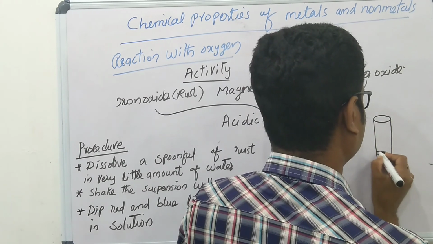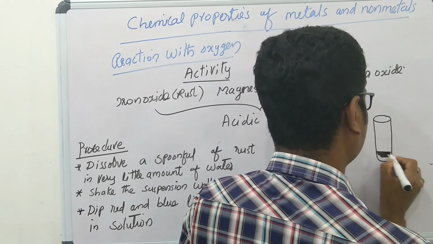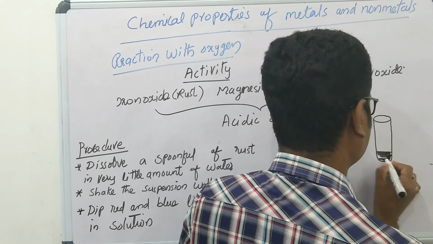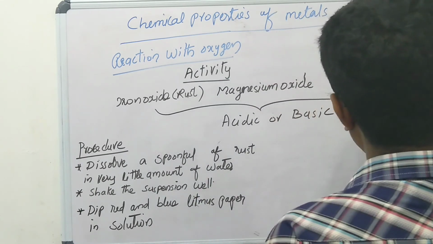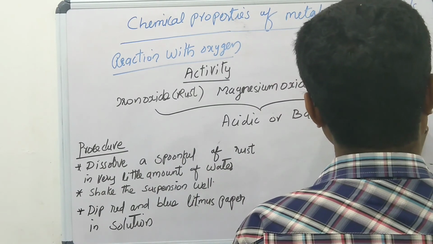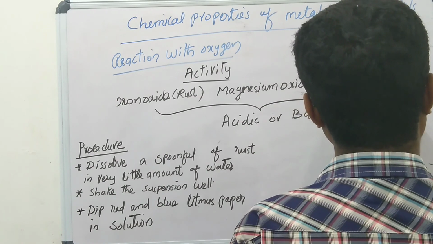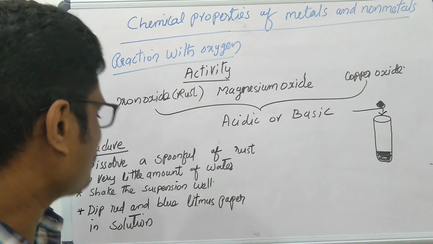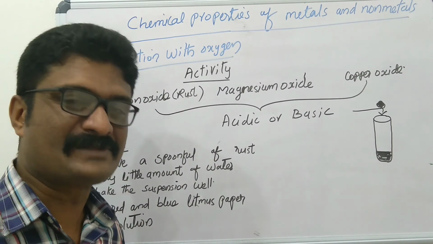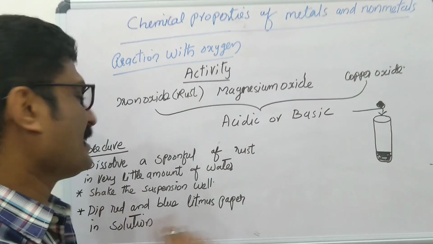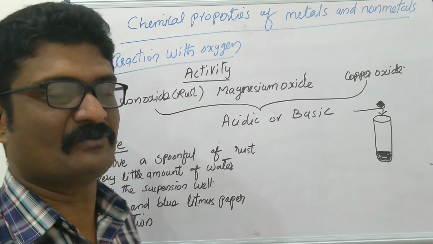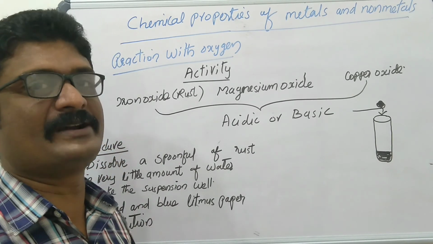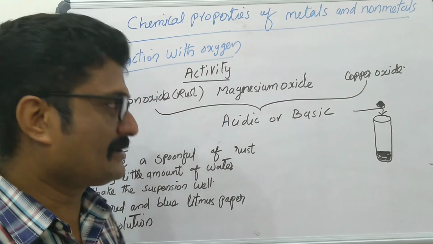The minimum amount of water is taken in this test tube. Add a very little amount of rust. Then the next step, shake this suspension well, the mixture of rust and water.